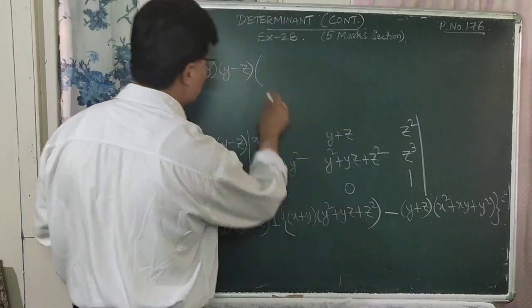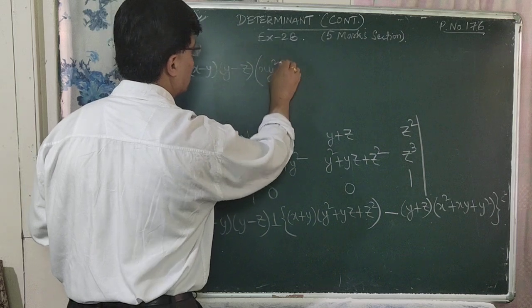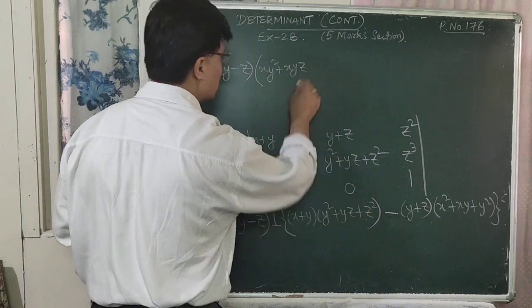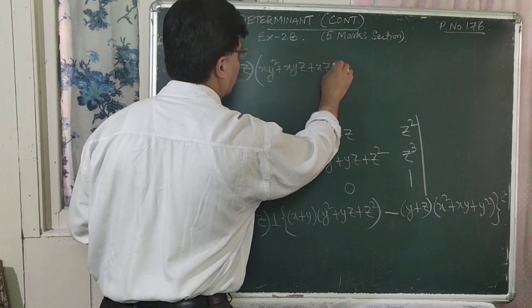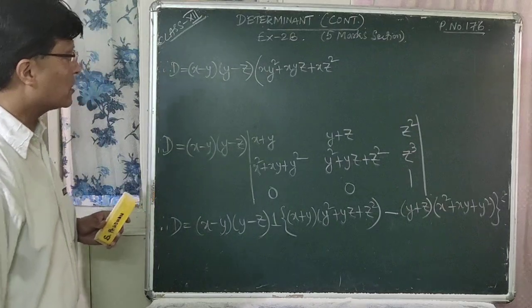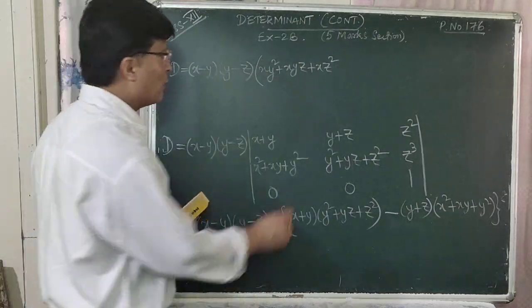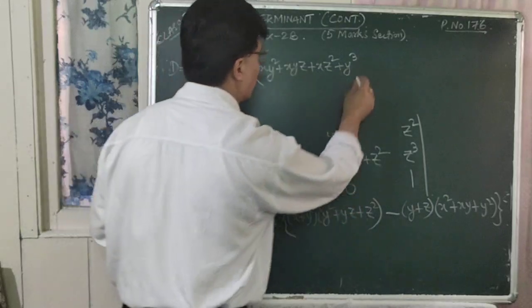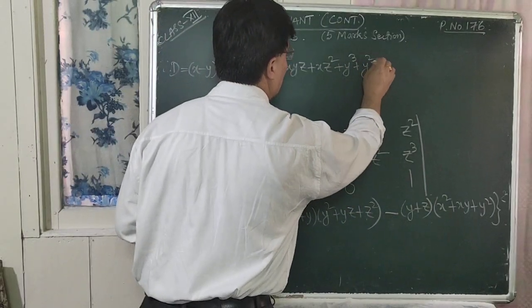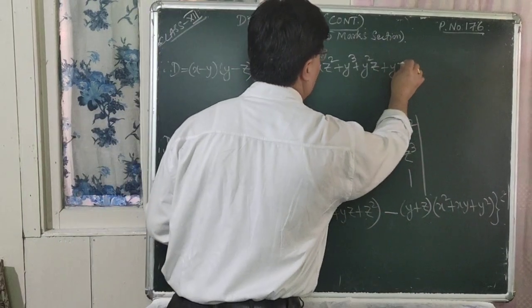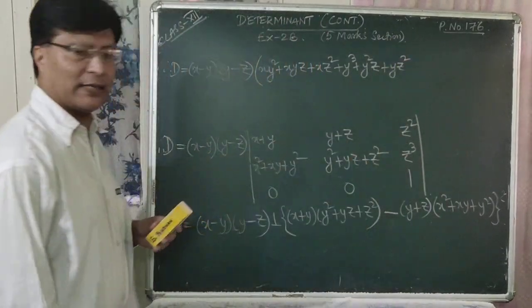Now multiply by x first. xy square plus xyz plus xz square. Right? Then multiplied by y: y into y square, y cube plus y square z plus y square z plus yz square plus yz square, right?